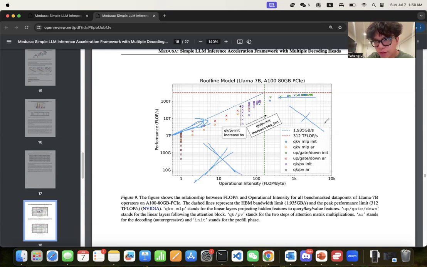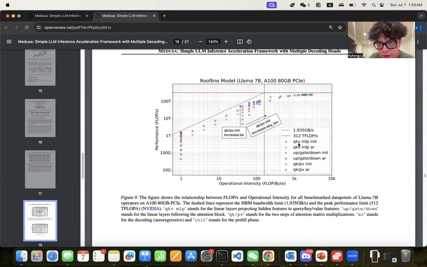Basically, you can interpret this figure from the left side to the right side. This region is not approachable. For more on how to read the roofline model figure, you can just Google it and read the Wikipedia.